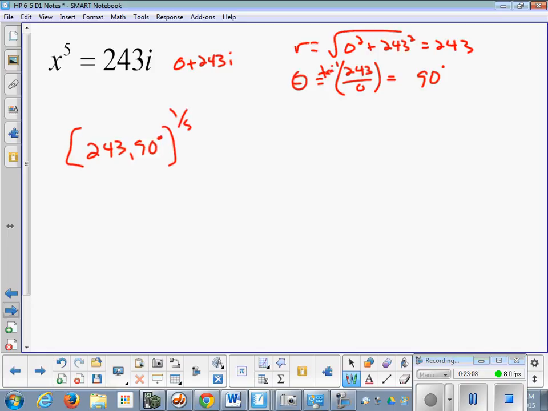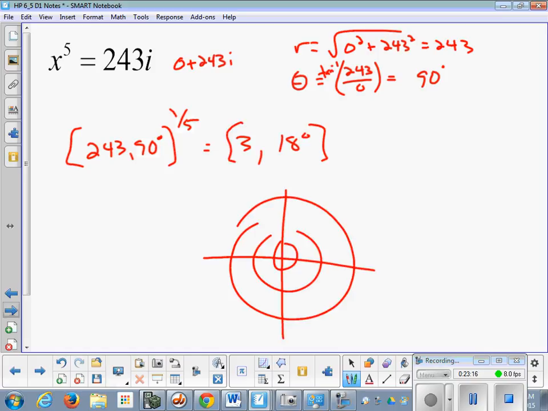Taking this to the 1/5 power is 18 degrees. Drawing a picture, 18 degrees, and they are separated by 72.